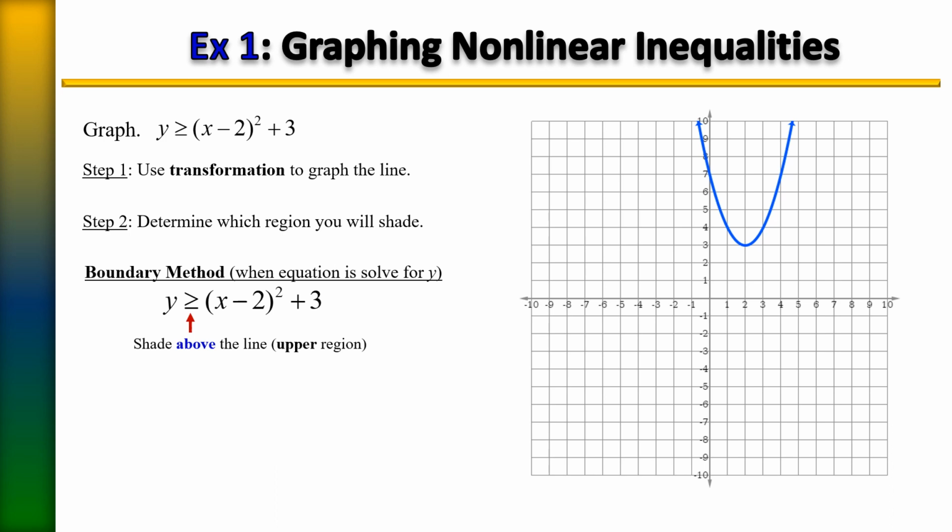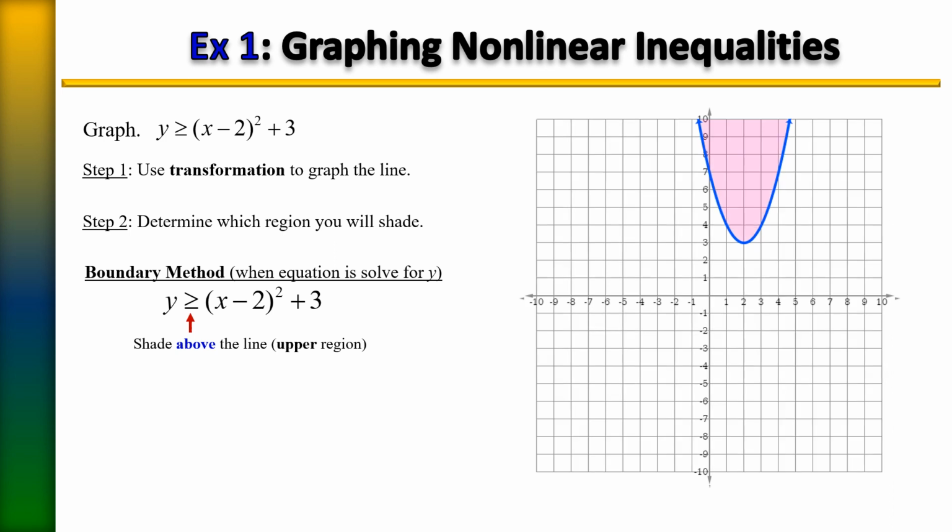Upper for a parabola means the part that is up top, which means every other region would be lower. Our boundary method already told us to shade the upper, so once we shade that, we are done. And there you have it. There's the graph of the parabola.